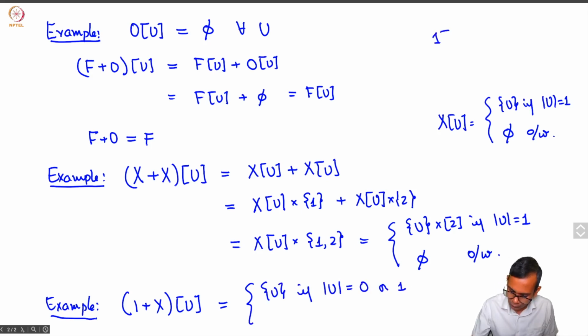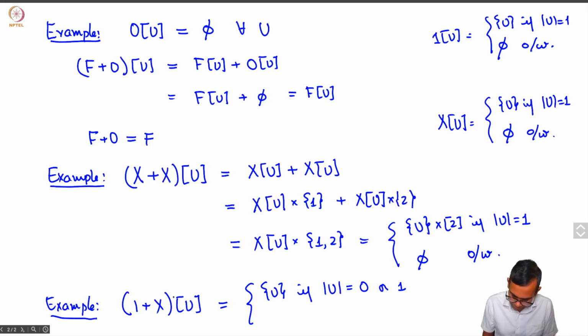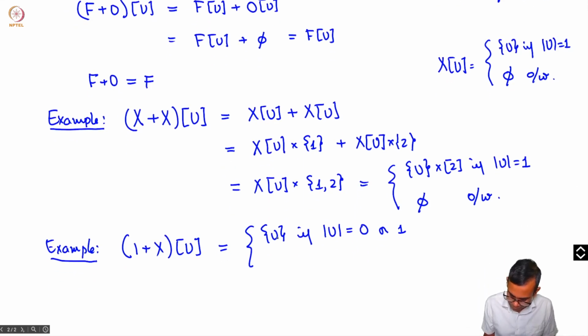Recall that 1 of U is given by singleton U if the cardinality of U is 0 and empty set otherwise. So this is going to be either the set is empty or the set has cardinality 1, then you will get the singleton U, and otherwise you will get empty. Okay, so those are some very simple examples of sums. We'll look at more interesting examples later on.